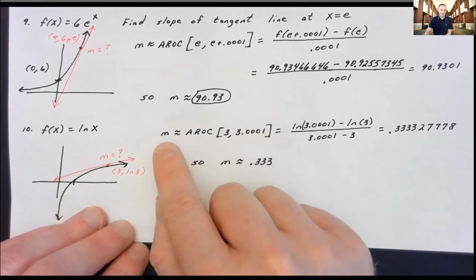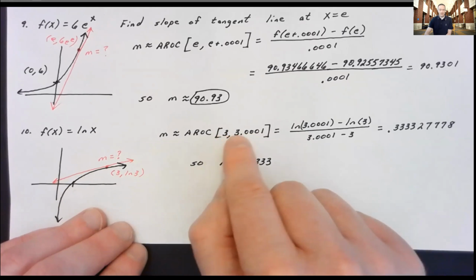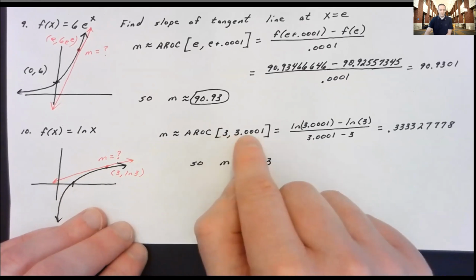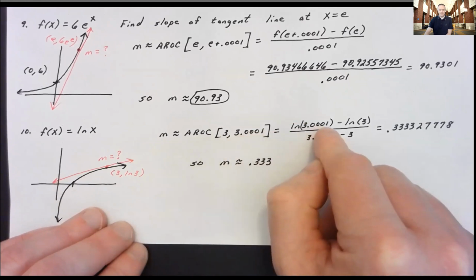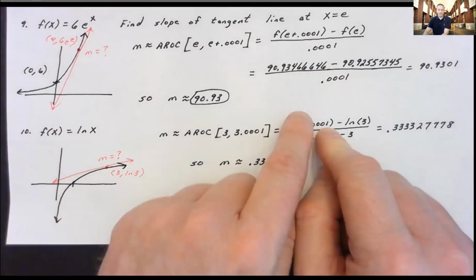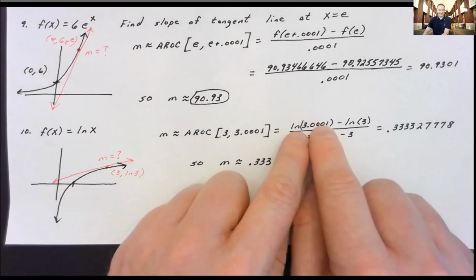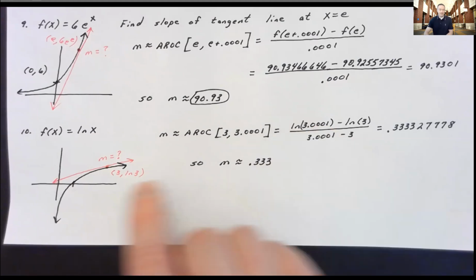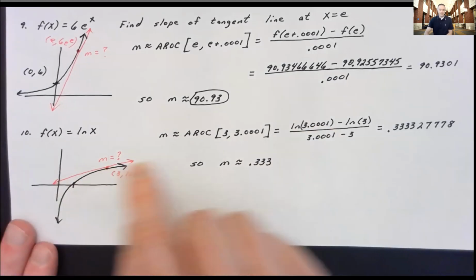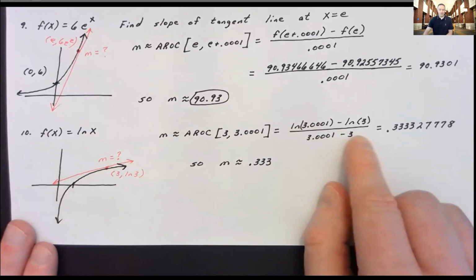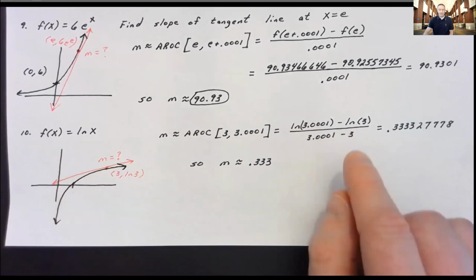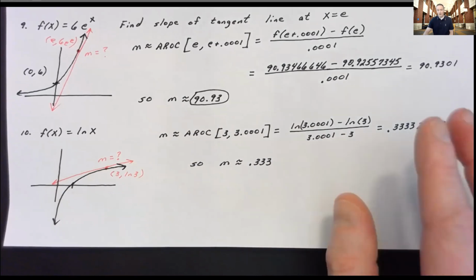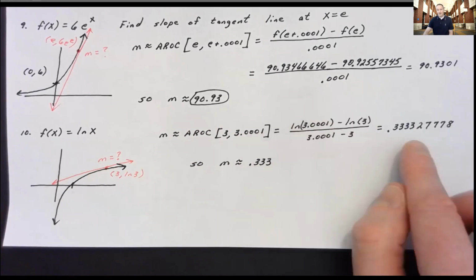So I think the slope would be very well approximated by the average rate of change from 3 to 3.0001, 1/10,000th of an x value later. I go in and I say, well, it's the ending position, my natural log function at 3.0001, minus the beginning position, which is my natural log at 3, divided by the change in the x values, which is 0.0001.